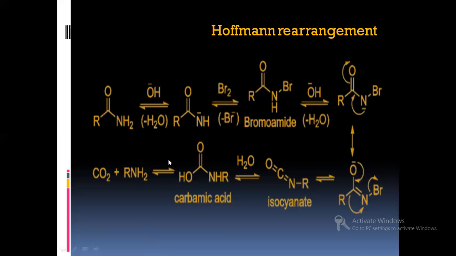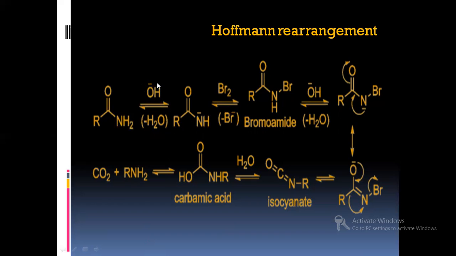So the first step is the reaction begins with deprotonation of the amide by the base to form an anion. Here you can see there's removal of a hydrogen atom. Here it is NH2, here it becomes N minus H. So there is a removal of hydrogen as a proton of this amide by the base.